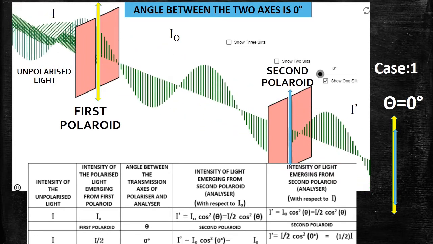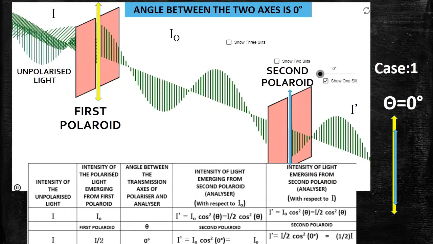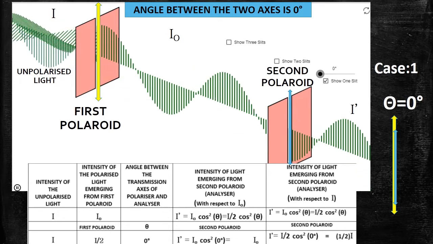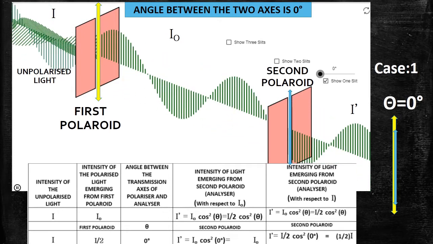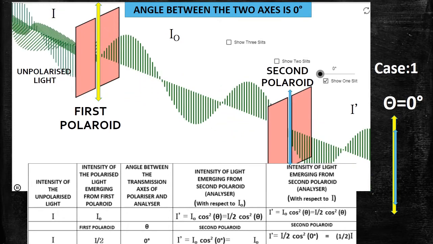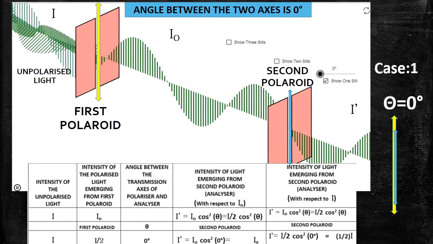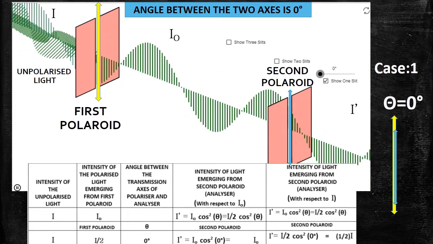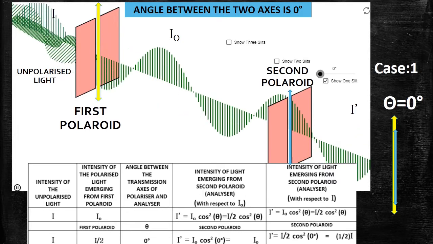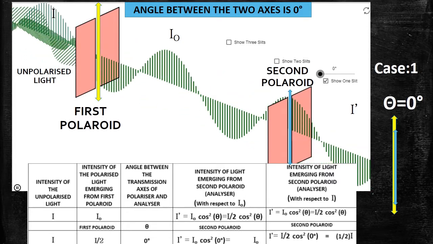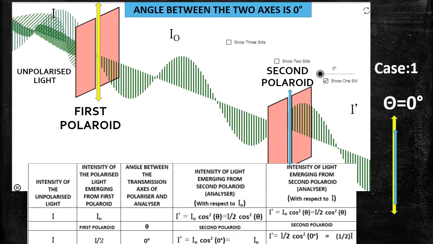The polarized light which comes out from the first polaroid has intensity I0. The light which comes out from the first polaroid is again allowed to pass through the second polaroid. The emerging light's intensity should be taken as I dash.